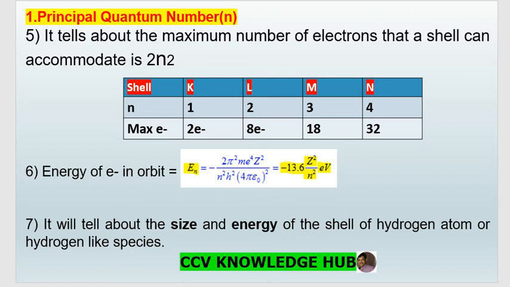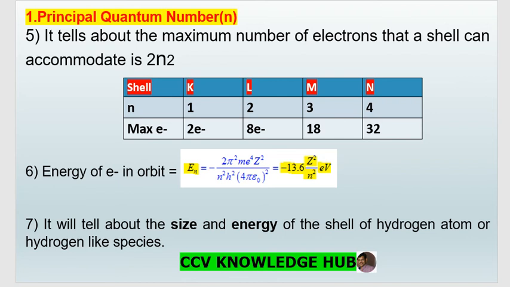For the L shell, or second orbit, the maximum number of electrons is 8. And for the third shell, M equal to 3, 18 electrons are available.